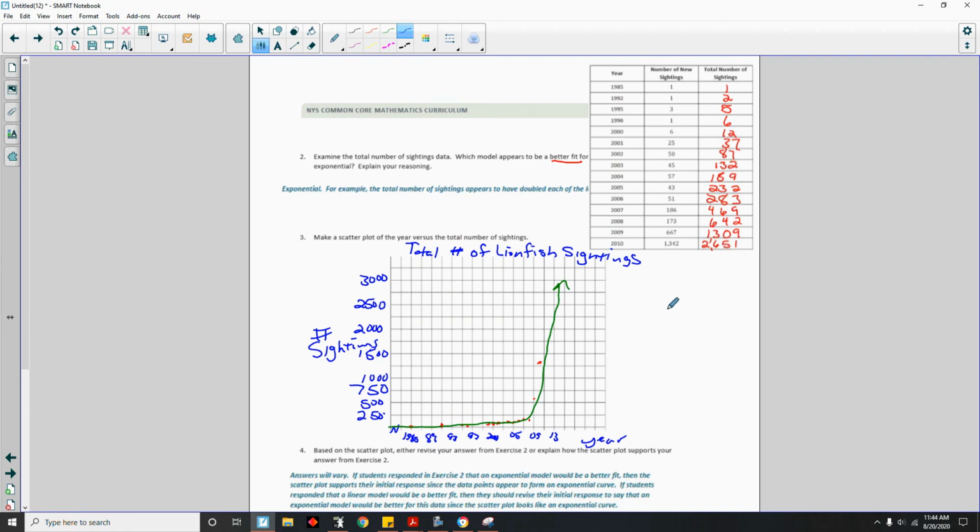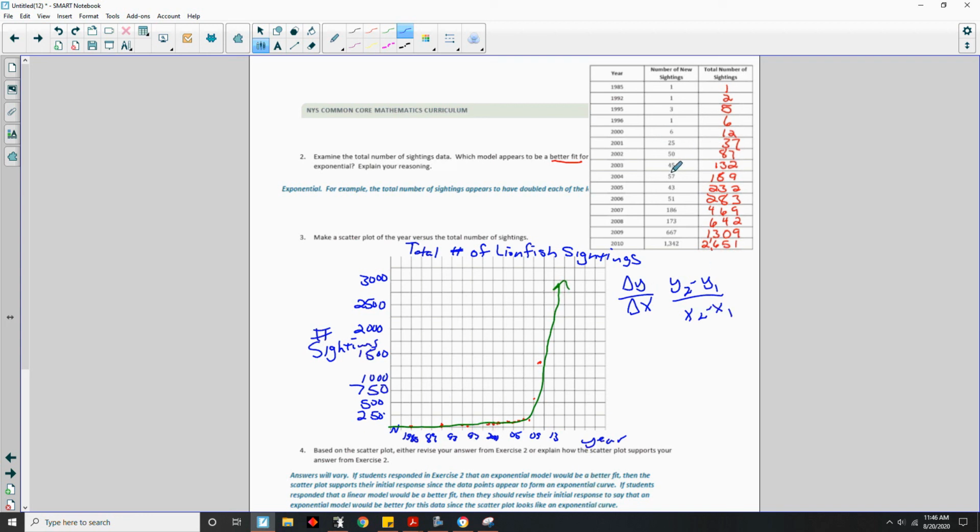Now remember, rate of change is change in y over change in x, so delta y over delta x, which is y2 minus y1 over x2 minus x1.